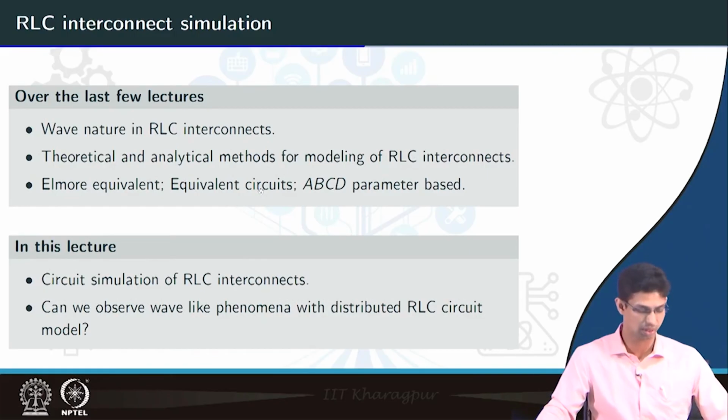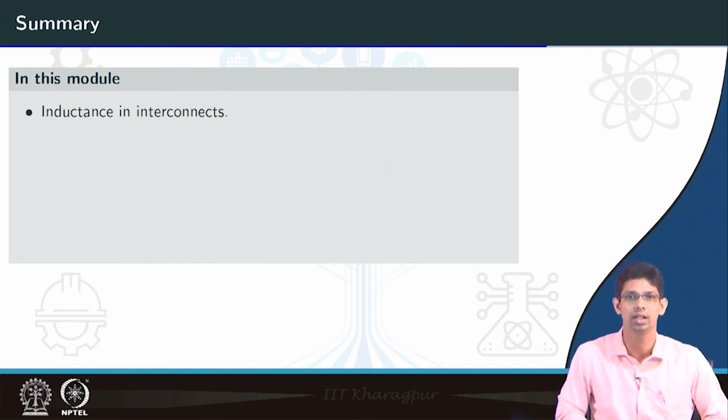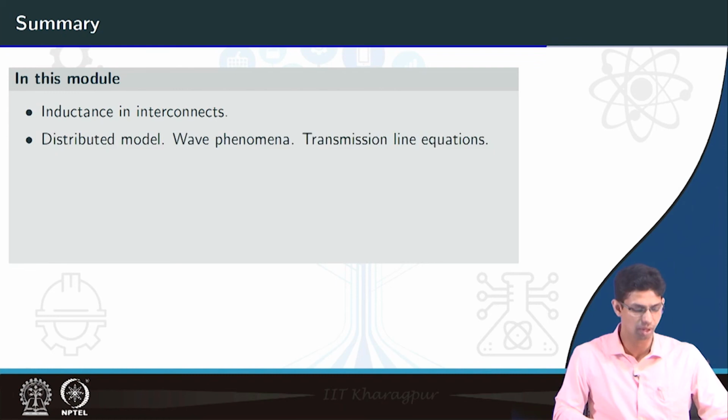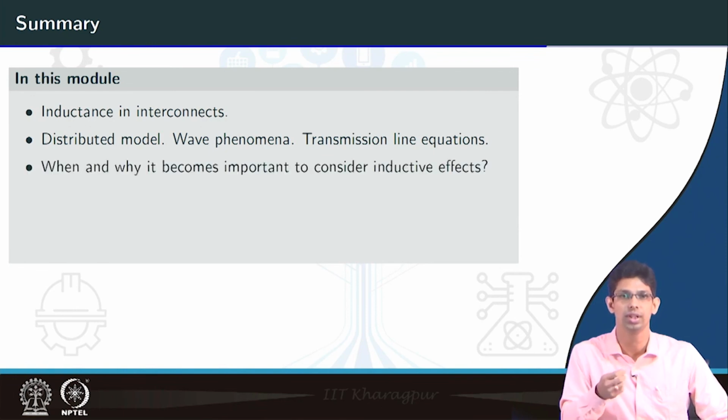Let me summarize. So in this module we have seen the inductance in interconnects, and we had discussed in detail what is the origin of these inductive effects in interconnects. We saw the distributed model and we saw that because of the presence of inductance, a wave phenomena is introduced in the way signal propagates, and then we require transmission line equations to model it.